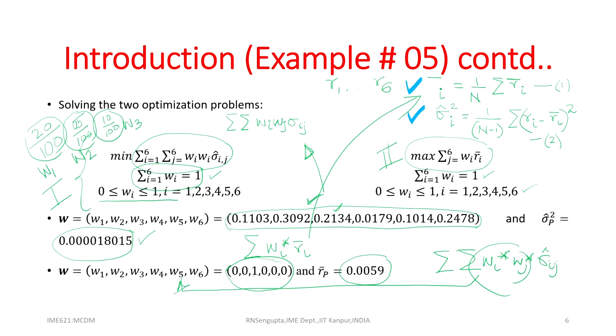Sigma i j is basically, if you know the formula, the covariance, which is basically correlation times standard deviation 1, standard deviation 2. The correlation coefficient formula I have not given.